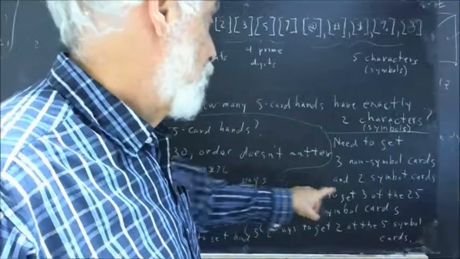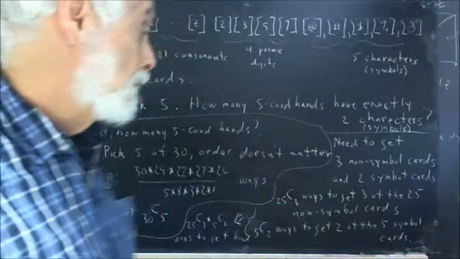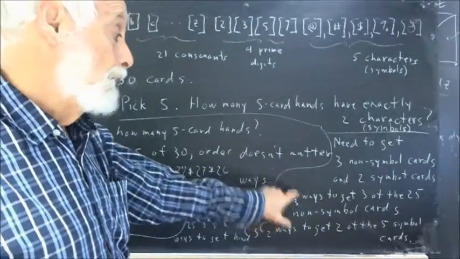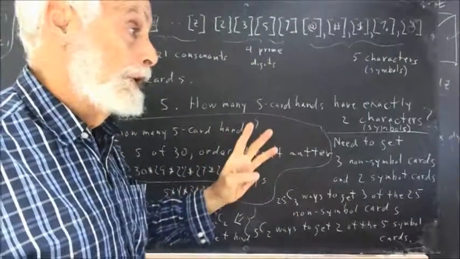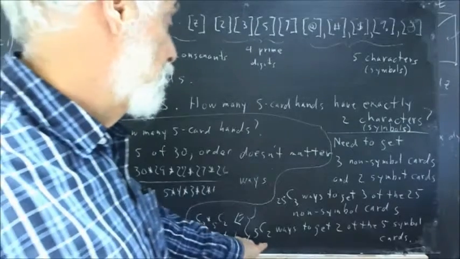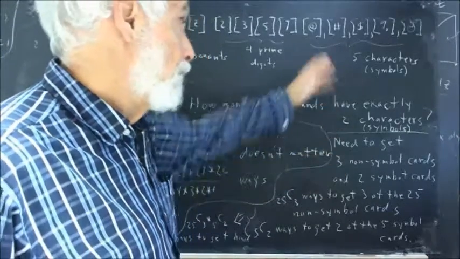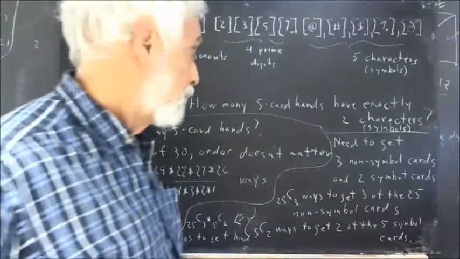Okay, how many ways are there? And then we need to get 2 symbol cards. Now, how many ways are there to get 3 non-symbol cards? Well, 25C3 ways. There are 25 non-symbol cards, and we got to get 3 of them. So that's how many ways there are. And there are 5C2 ways to get 2 of the 5 symbol cards. And we got to do both of them.